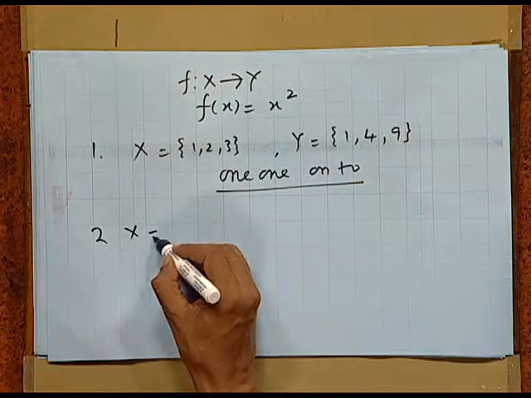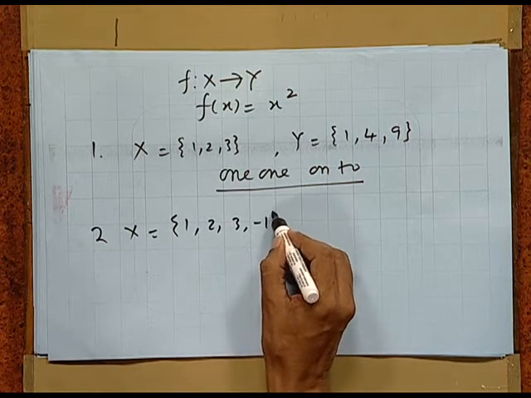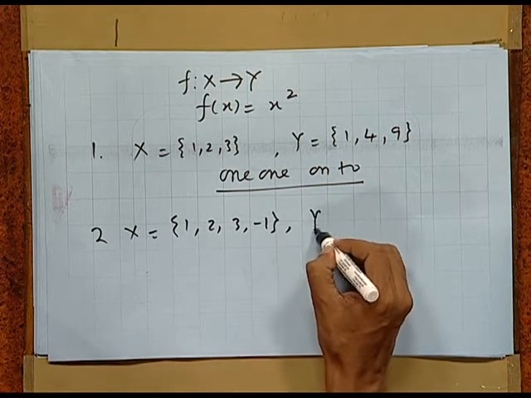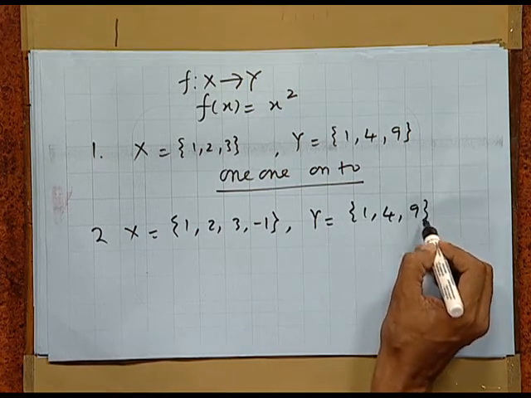That is not all. Suppose X is changed a bit. Y remains the same. Is it a function? Yes, because every element has an image and no element has more than one image.